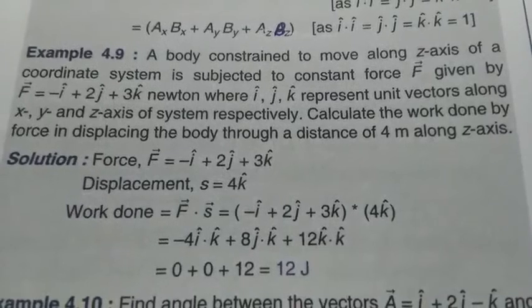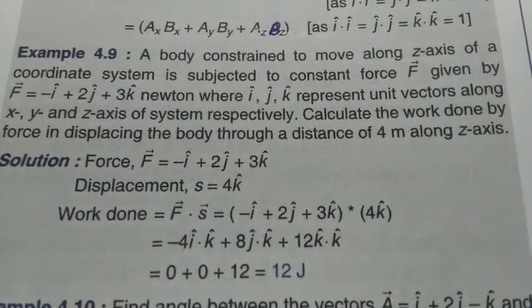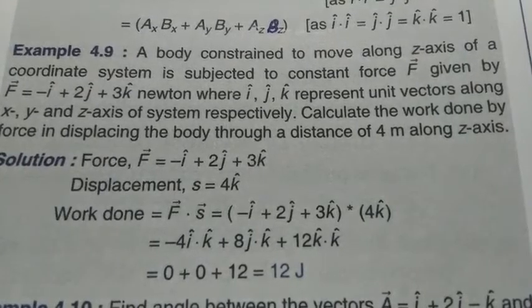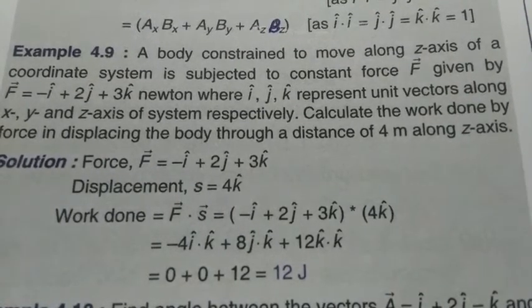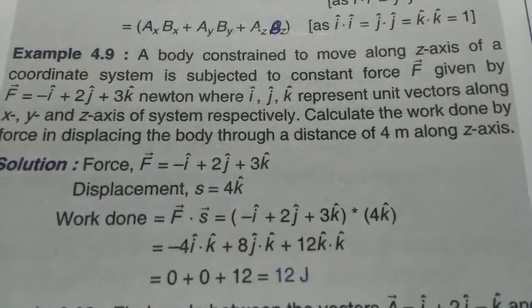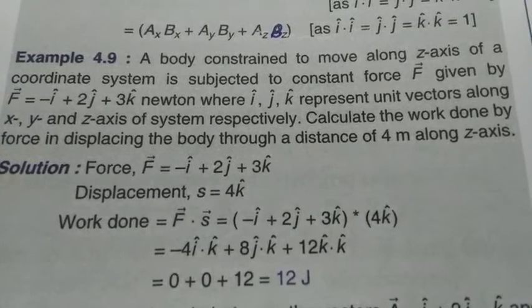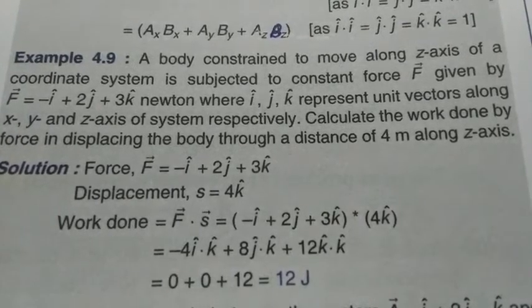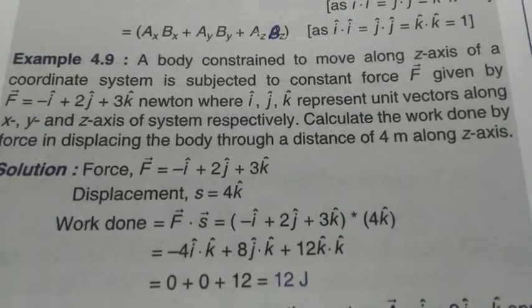Now look at the second example. A body constrained to move along z-axis of a coordinate system is subjected to constant force F given by F equals to minus i plus 2j plus 3k Newton, where i, j, k represent unit vectors along x, y and z axis of system respectively.